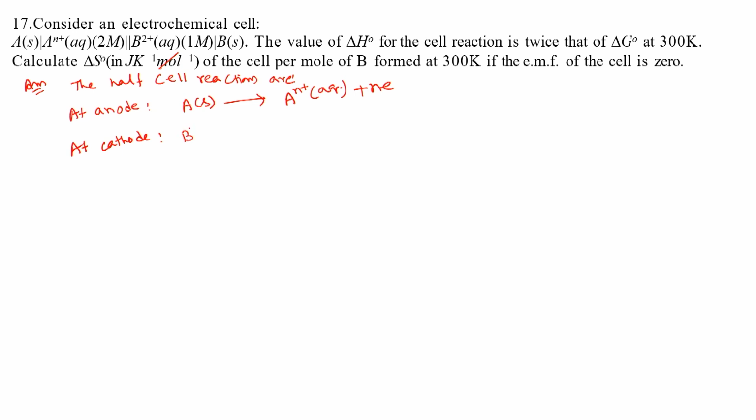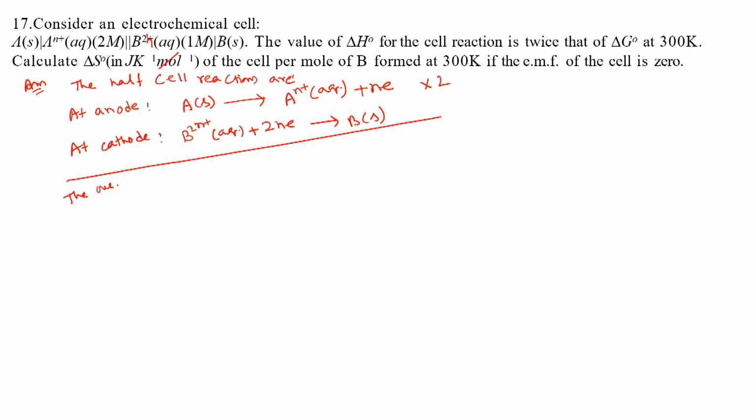So, B^2n+ plus 2ne gives B solid. Okay, so we need to multiply this by 2.